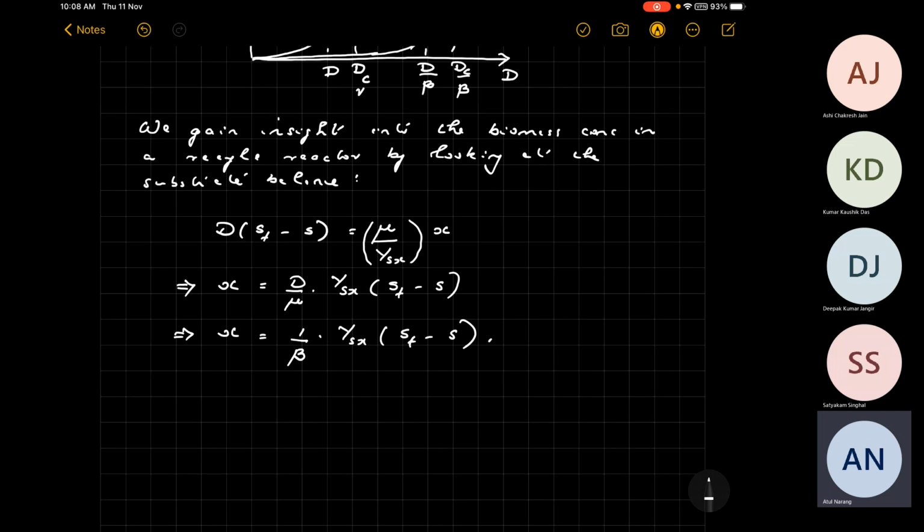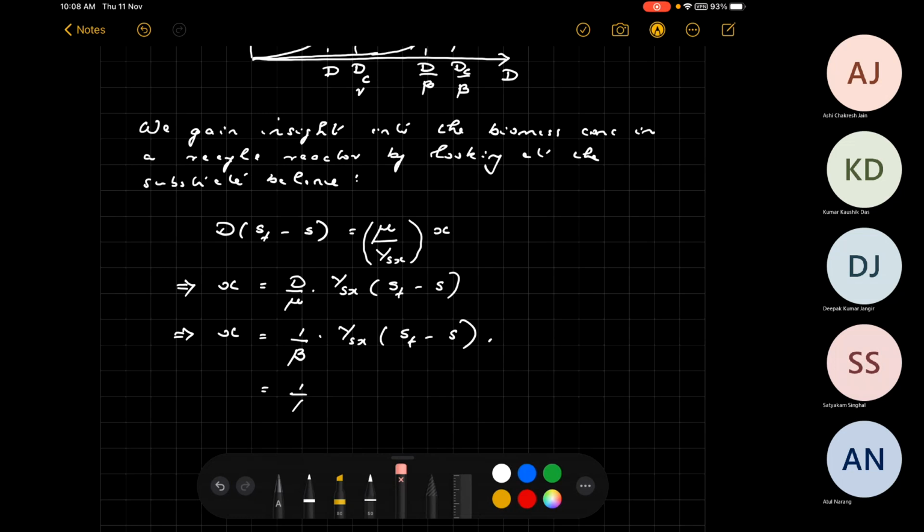First of all, notice that we have already found an expression for S. Maybe I should just write it in this form. So is this cell density bigger or smaller than the one obtained in a chemostat?